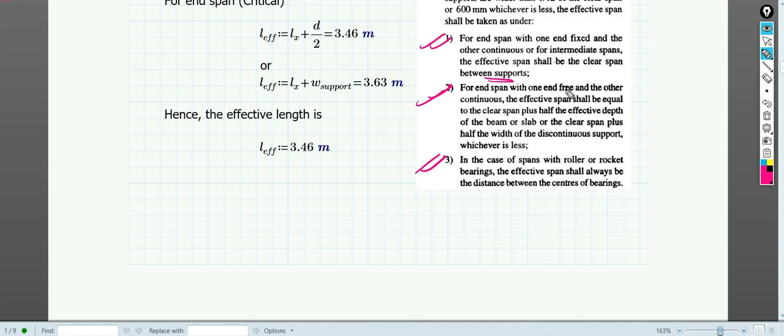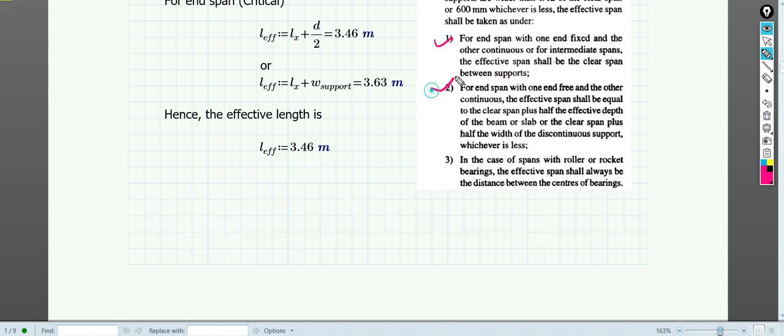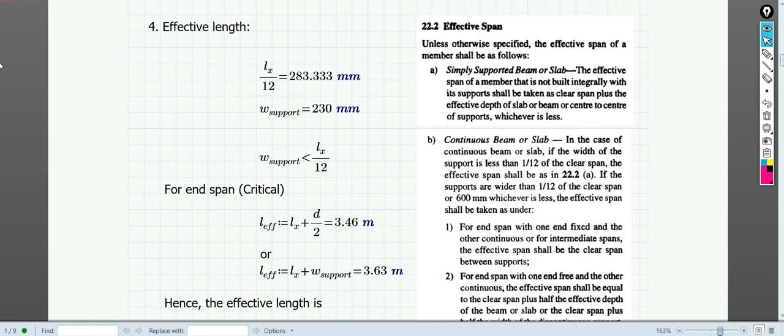And if the end span has one end free and the other end continuous, suppose something like this, this is an overhang, in that case you take the clear span plus the effective depth to find out the effective length. Like that you have to calculate. So you just go through these clauses, you will understand. For now we will only require clause E, so that is what we want.